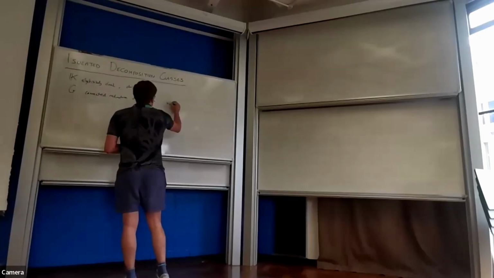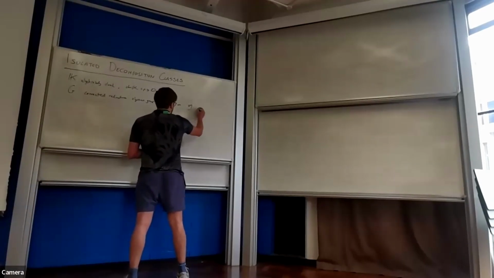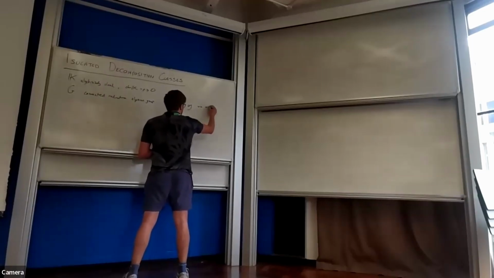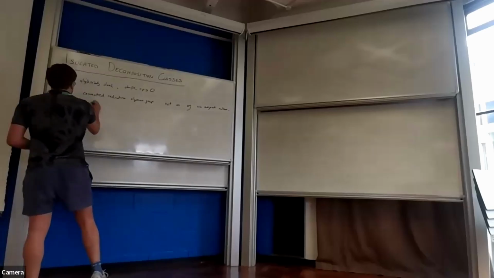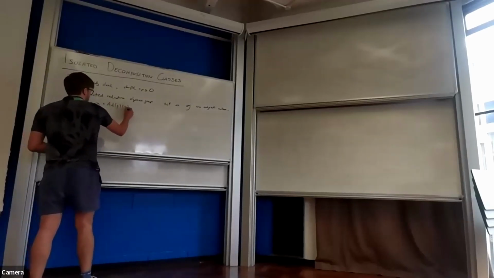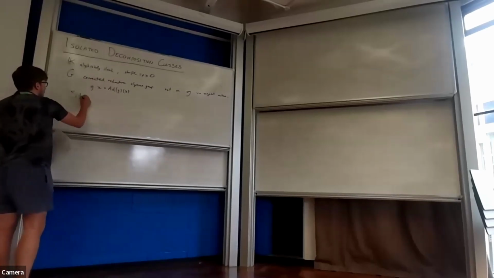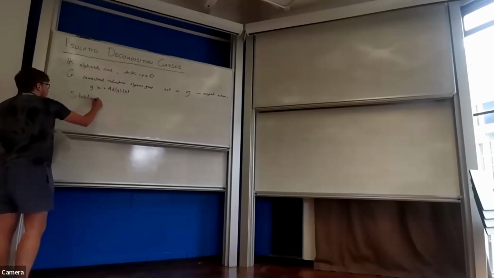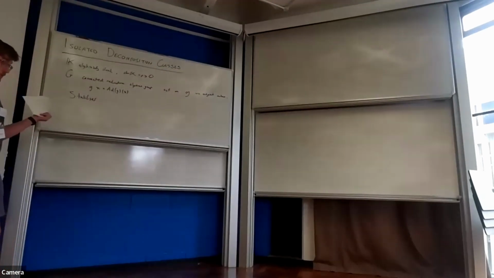And similar to my other talk, it's going to act on its Lie algebra g by the adjoint action. What we're going to consider is what I call the stabilizer, which I'm going to define here.